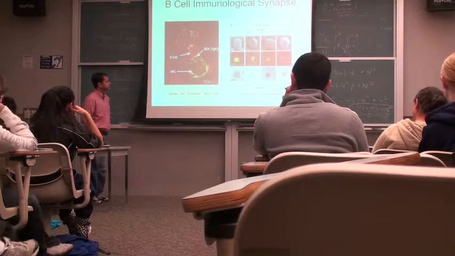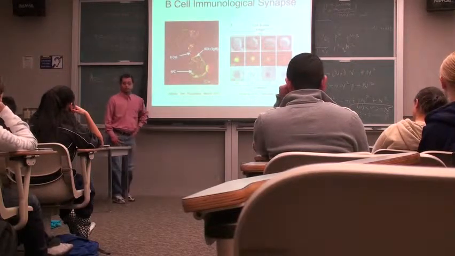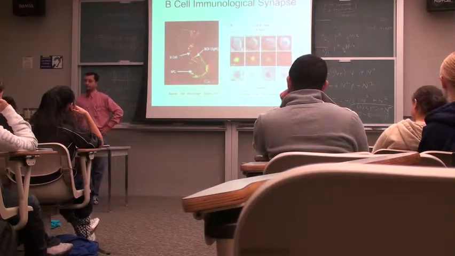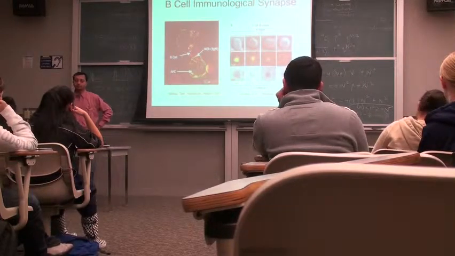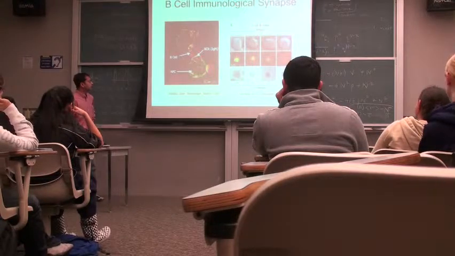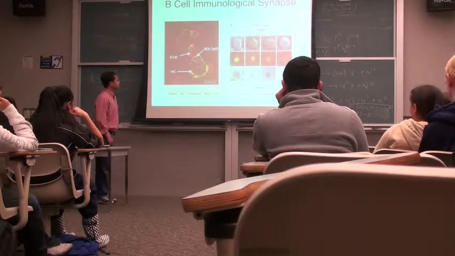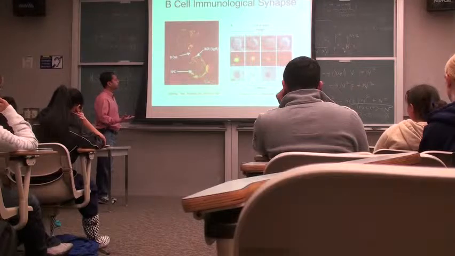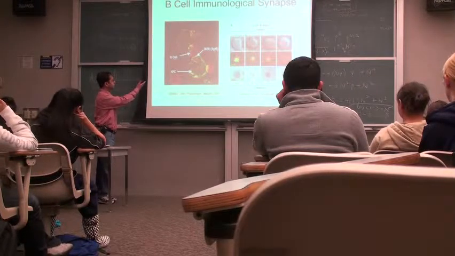And B cells produce, do you know what B cells do? What do they produce? Antibodies. So B cells are known for producing antibodies in our body. So when you have a cold or flu, the antibodies are all secreted by B cells.